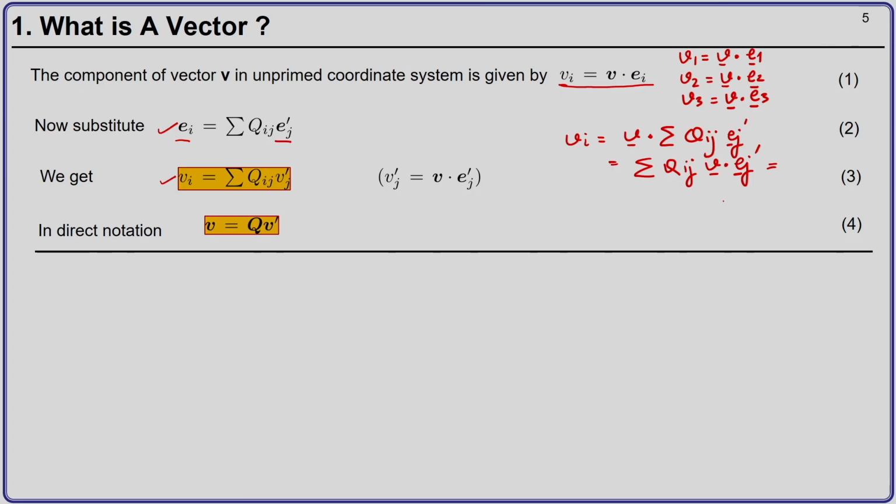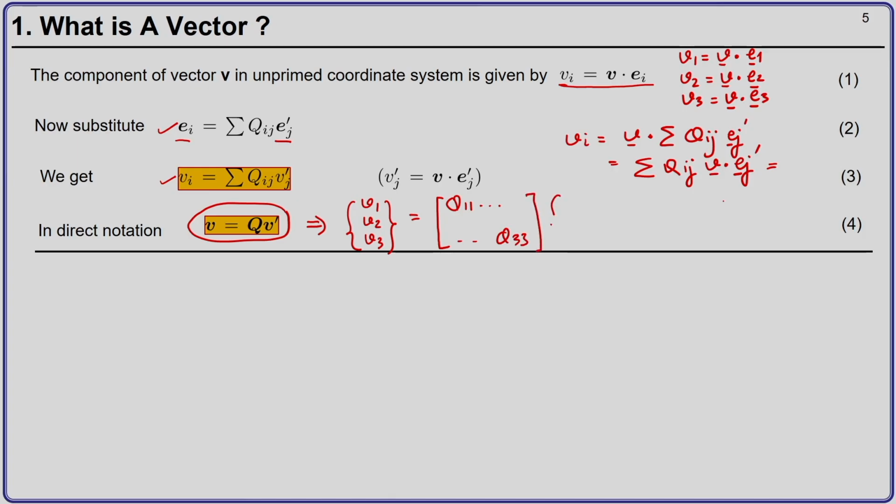So, we can now express this relation in the matrix form as vector v equal to some matrix q times vector v dash. So, this is nothing but v1, v2, v3. I am writing this as equation 4. We will have q11, like this, we will have q33.